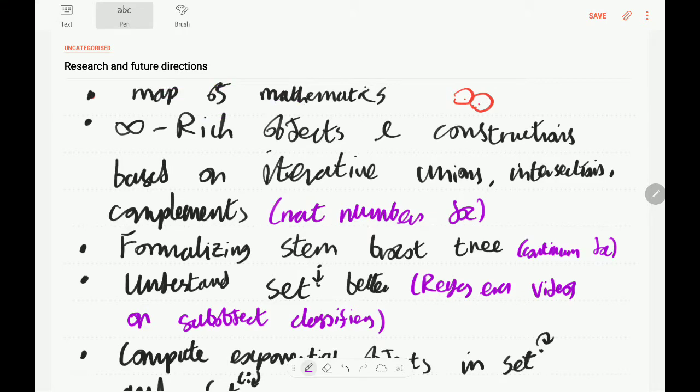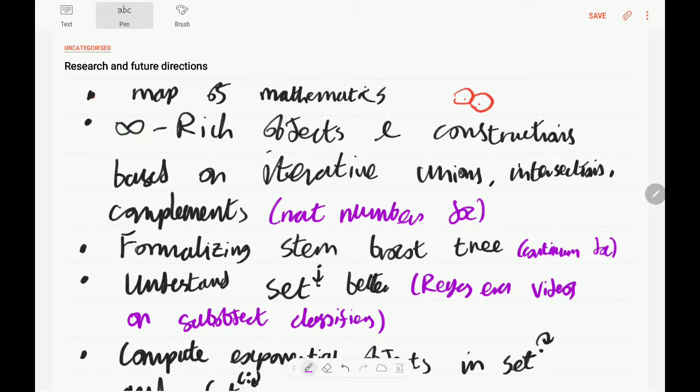Okay. Another idea is the idea of infinitely rich objects and constructions using iterative union, intersection, and complement. So I had this idea that in some categories you can have this notion of infinitely rich objects.